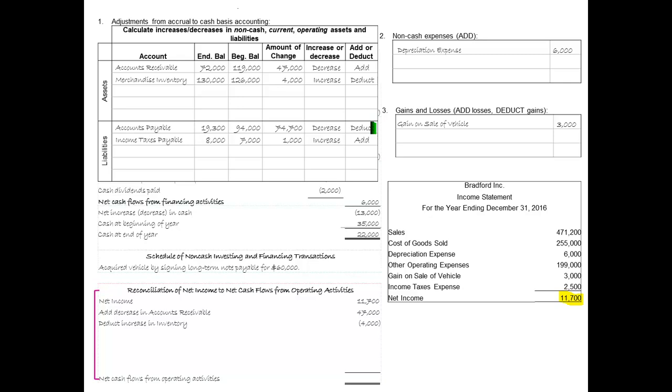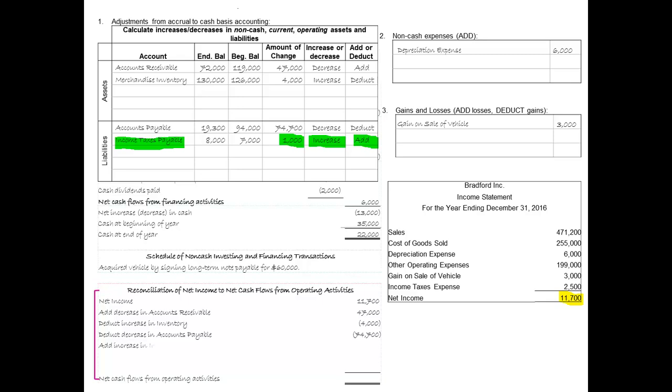Then deduct decrease in accounts payable, $74,700. Again, since we are deducting, enter the amount of the change as a negative number. And finally, add increase in income taxes payable, $1,000.